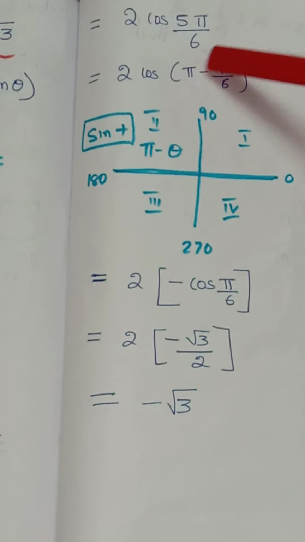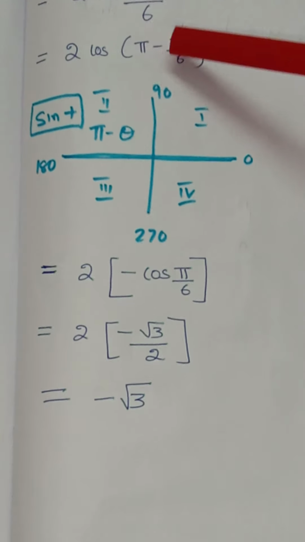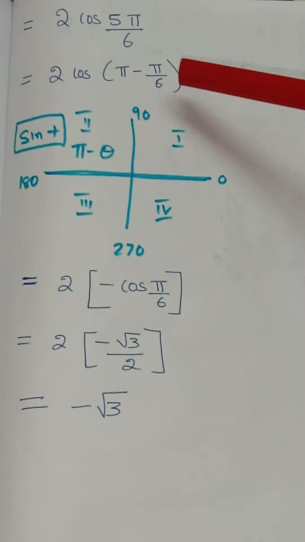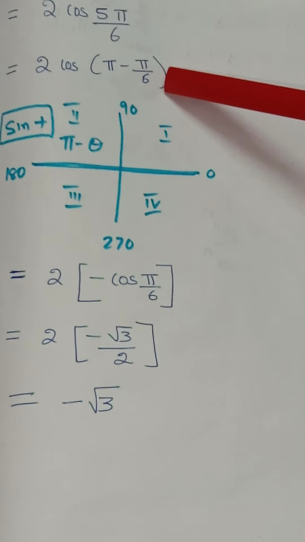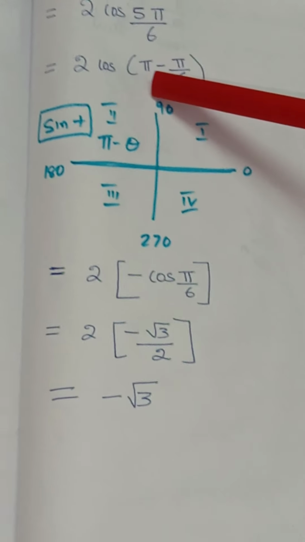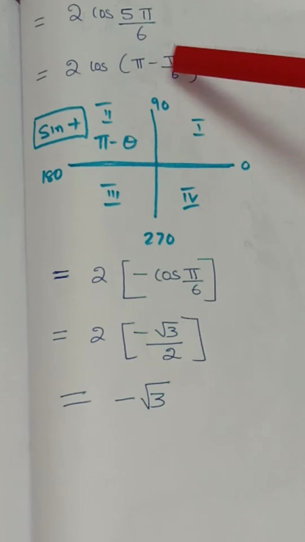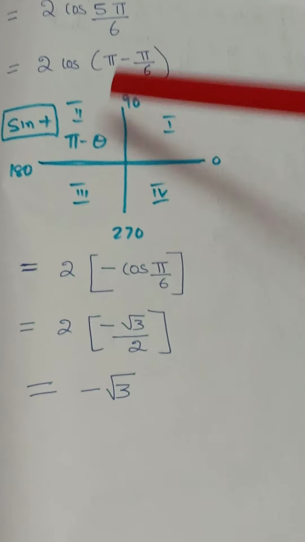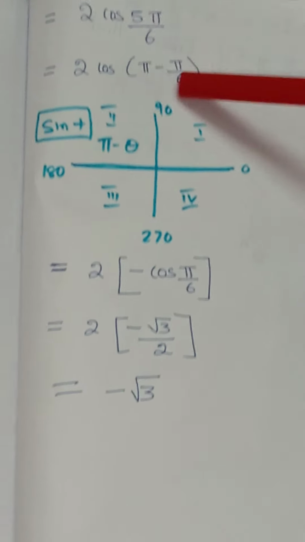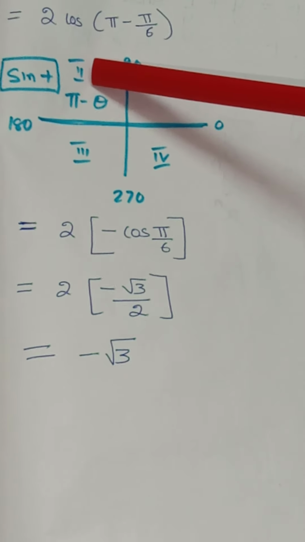When you simplify pi minus pi by 6, what will we have? 5 pi by 6. So I am writing this in this form. And we have learnt in 11th, when it is in this form, we can easily find out the quadrant. Actually, pi minus means 180 minus. We know 180 minus means this is our 180, this is our 90. So this angle is less than 180. Less than 180 means it should be in the second quadrant.